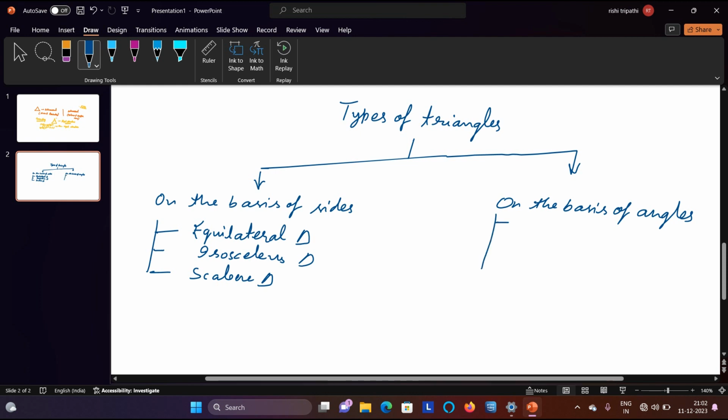On the basis of angles, you will have acute angle triangle, then right angle triangle, and then obtuse angle triangle.